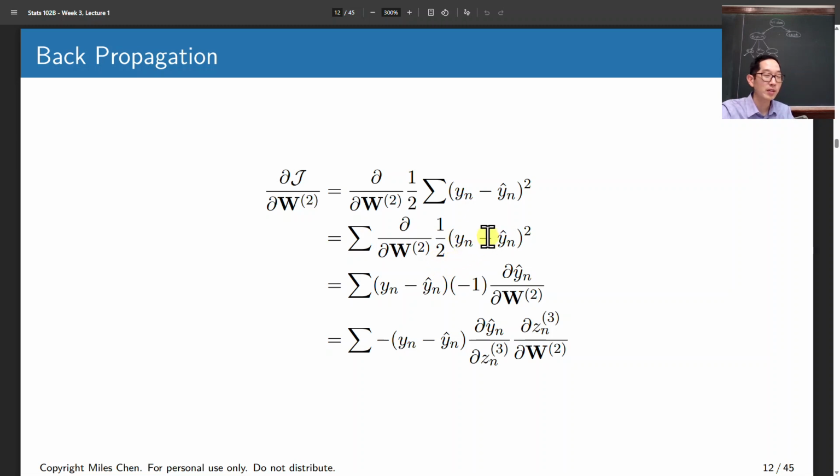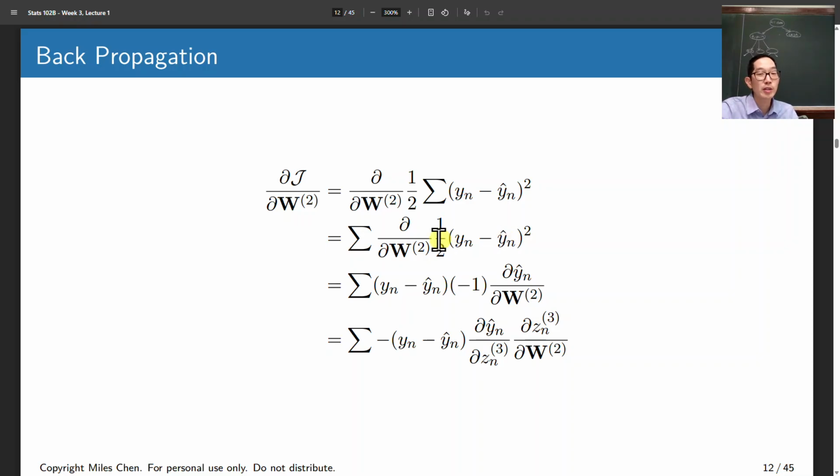Because of the chain rule, we ask, what changes with respect to W2? y is a constant. This is part of our data, and we're going to treat our data as fixed, so y does not change with respect to W2. But y hat, our predictions, will change if I change W2. If I change any of the values in my W2 matrix, that will have an effect on y hat.